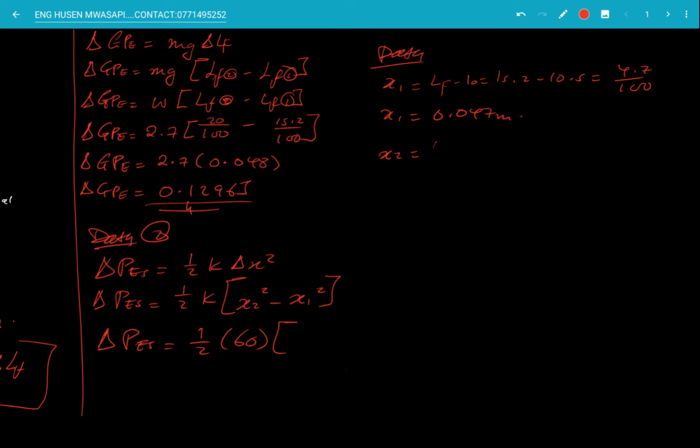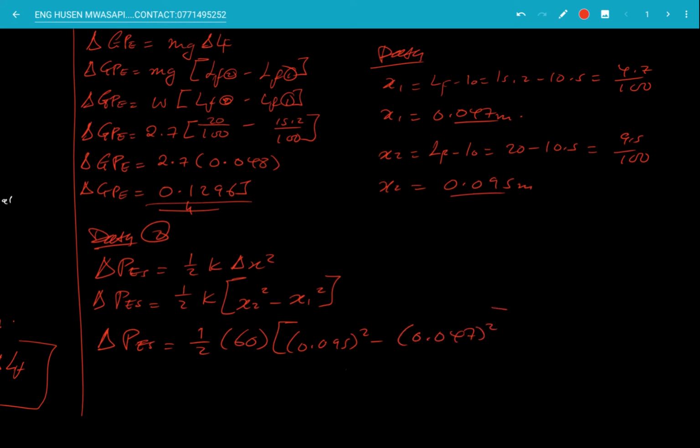For extension 2, simply do the same thing, length final minus length initial, which gives you 20 minus 10.5, which gives you 9.5, then divided by 100 to change it into meters, so extension 2 will be equivalent to 0.095 meters. These are the values we'll use. So we're going to put half times 60 times 0.095 squared minus 0.047 squared.